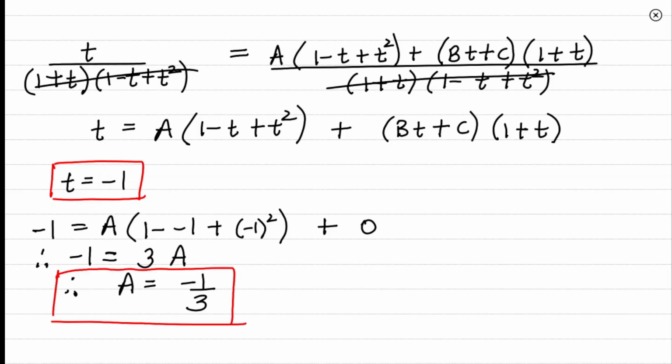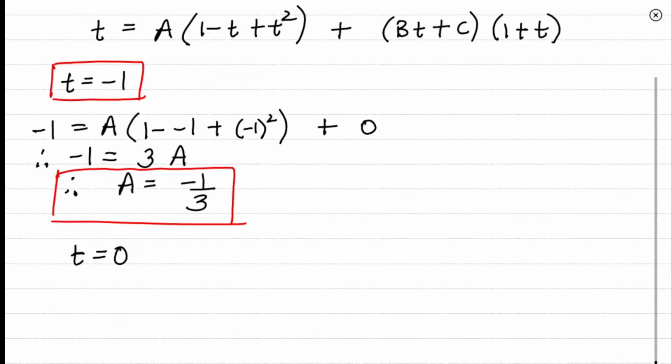Now let us substitute some other value of t. To make it easy, let's just put t is equal to 0. I think that's the easiest value that I can think of. Substitute 0 on left hand side and right hand side. Notice that we also know the value of a now.